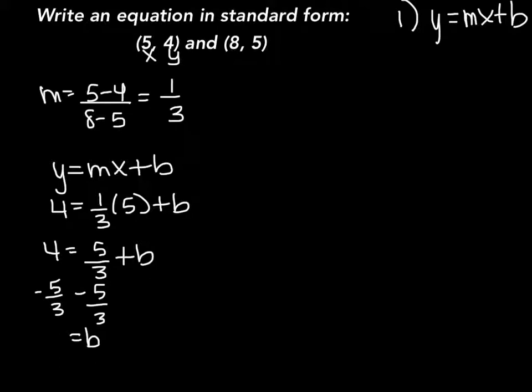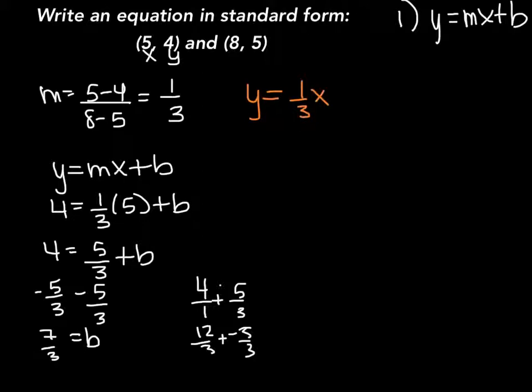And then to do 4 minus 5/3, I can make it plus negative. And then 4 would become 12 over 3 plus negative 5/3, so b is 7/3. So in slope-intercept form, if that had been the target, the equation would be y equals 1/3 x plus 7/3.